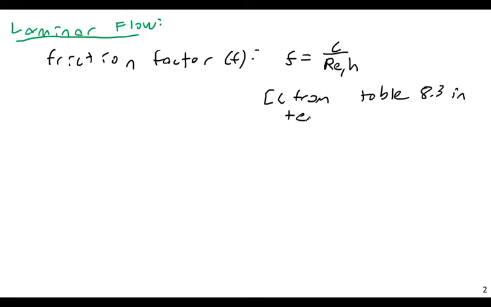I believe that's accurate. I may need to double check that. That may be for an older edition. Table 8.3 in the text. And the Reynolds number is going to be calculated slightly differently. So this is just going to be a constant that is used for different types of materials and such. The Reynolds number, assuming laminar flow, is going to be rho V d_h, which is the hydraulic diameter, something we'll have to learn how to calculate, divided by mu.